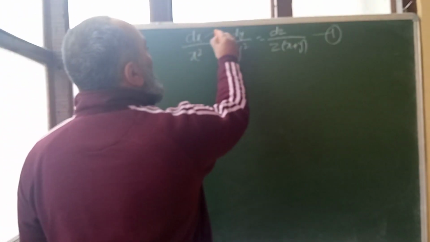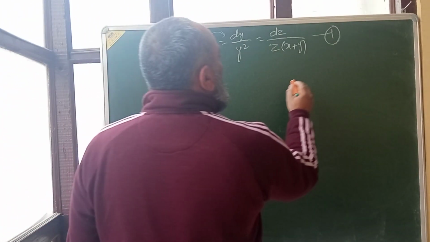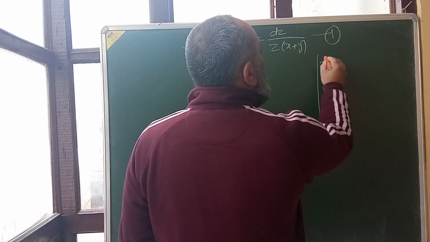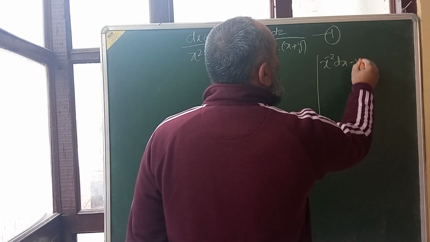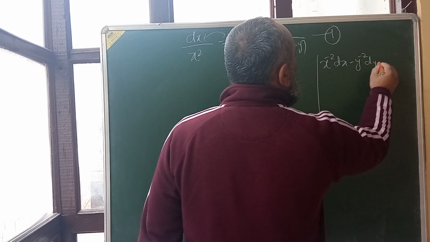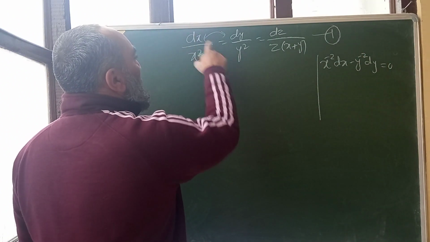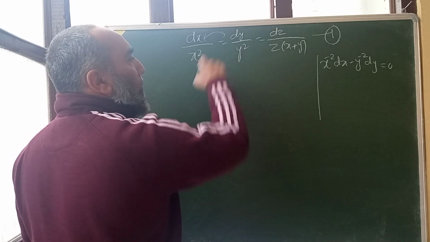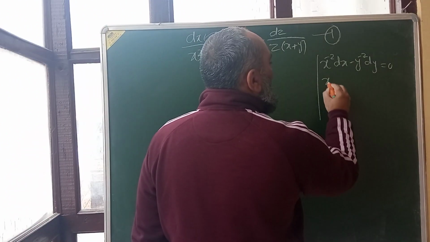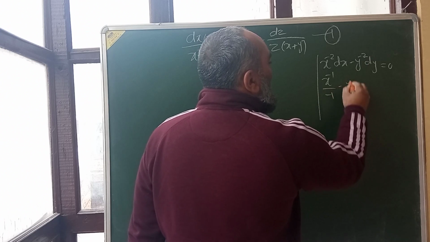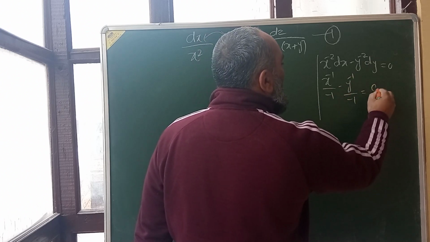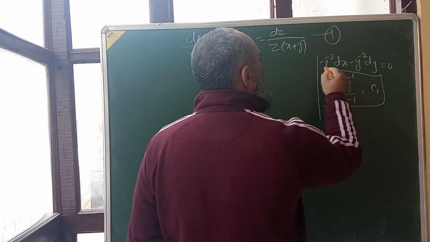Taking first and second fraction together, you will get x raised to power minus 2 dx minus y raised to power minus 2 dy is equal to 0. This is equal to this, means x raised to power minus 2 dx equals y raised to power minus 2 dy. So x raised to power minus 1 by minus 1, minus y raised to power minus 1 by minus 1 equals c1. Okay, this is one solution.